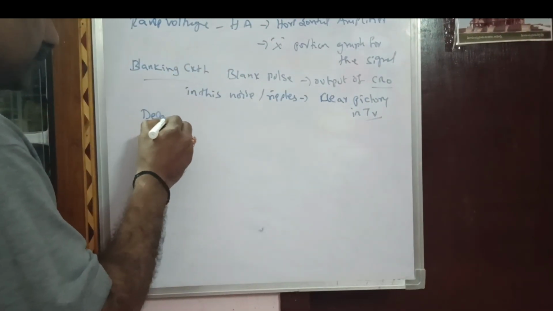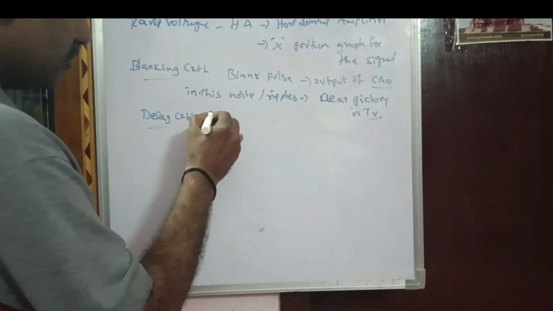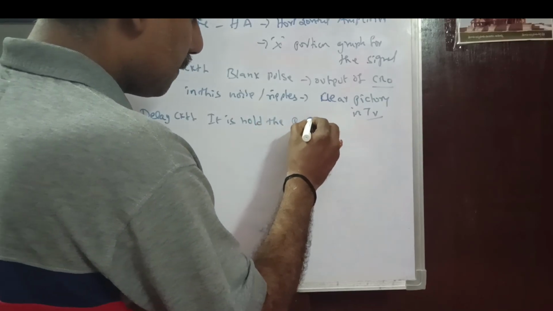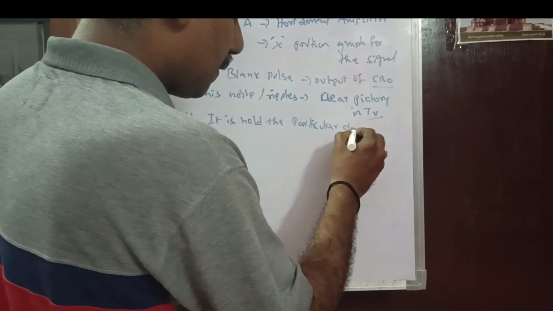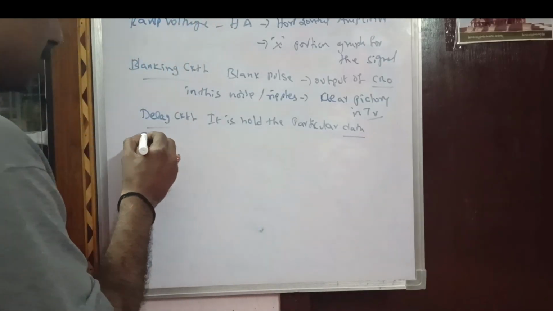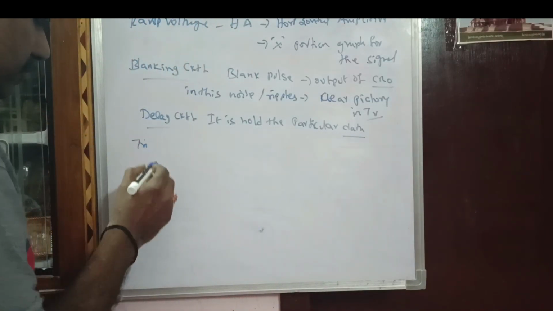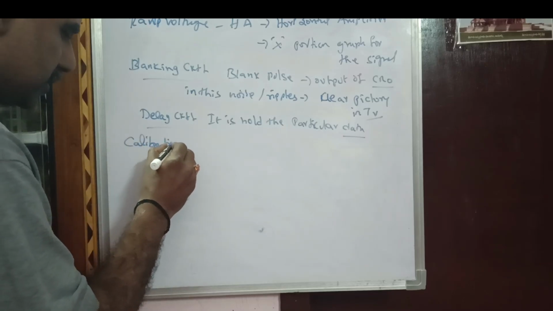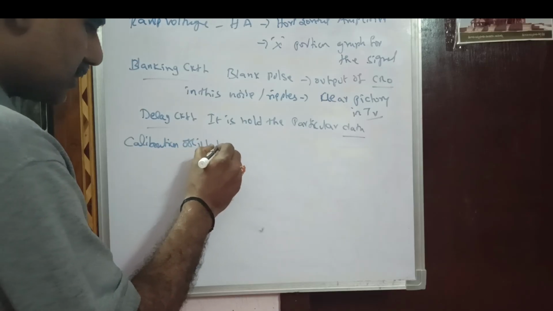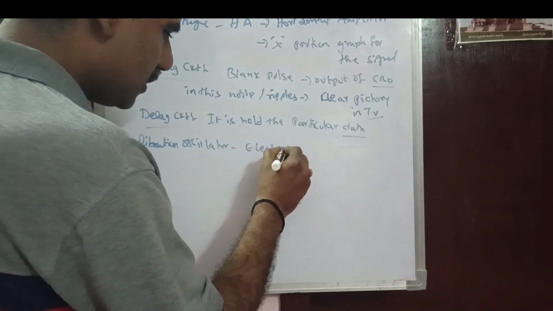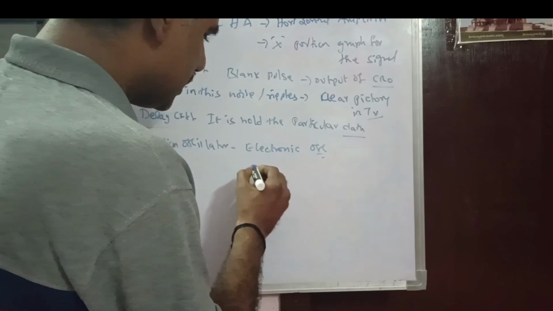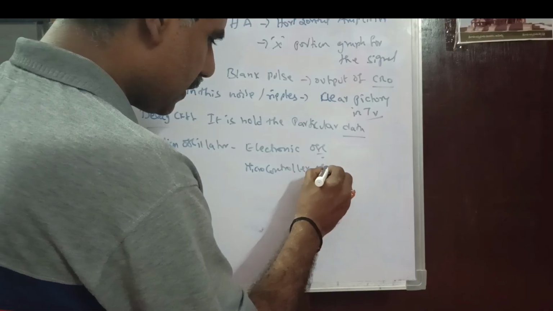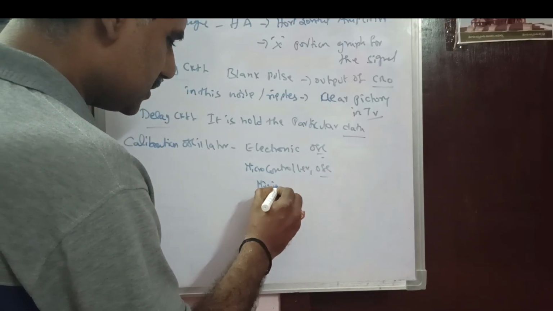Another one is the delay circuit, used to hold particular data, whereas another one is the calibration oscillator, nothing but it works as an electronic oscillator. It is mainly used in microcontrollers, or it may be used in oscillators in order to minimize the noise.